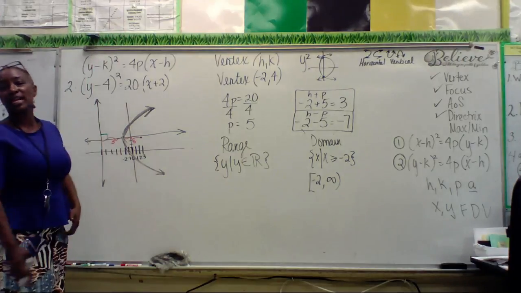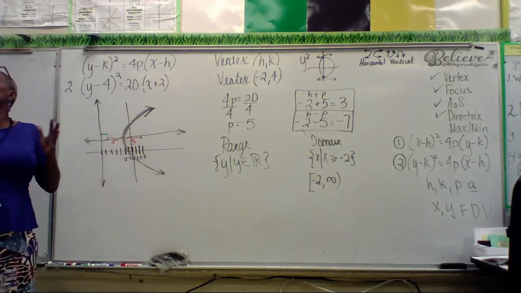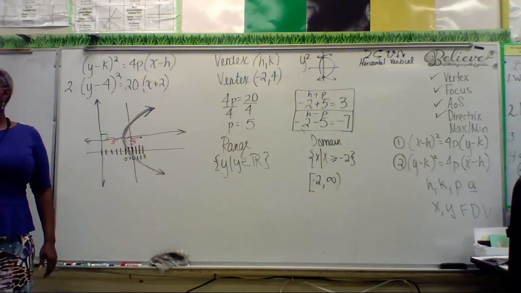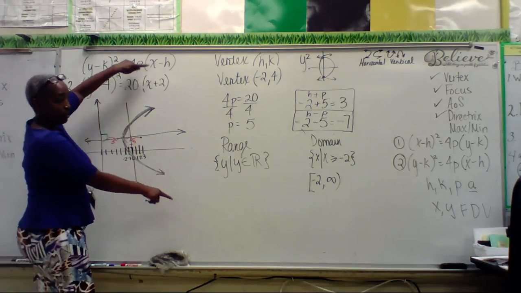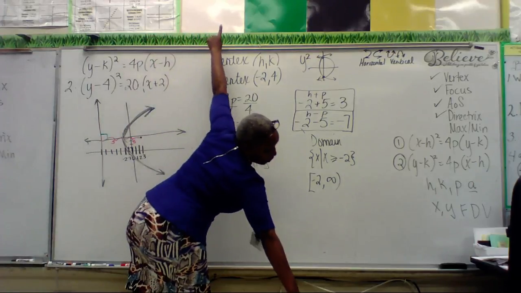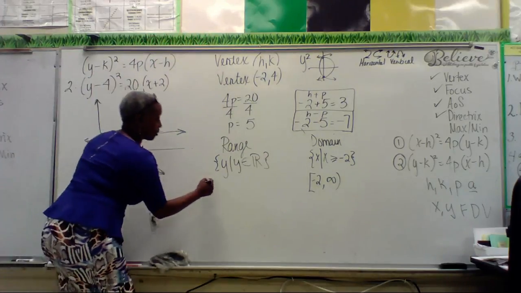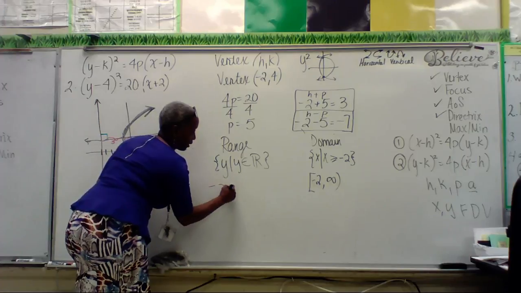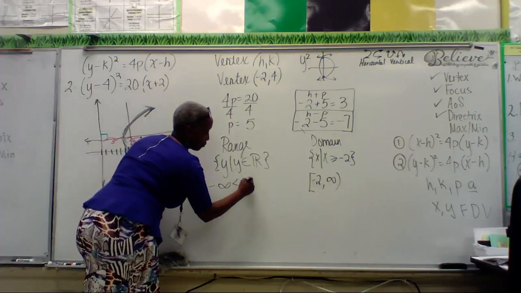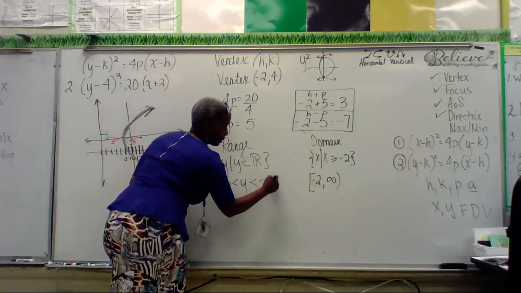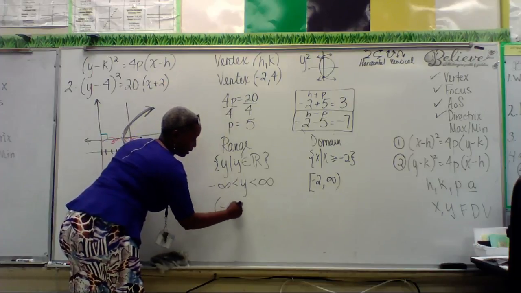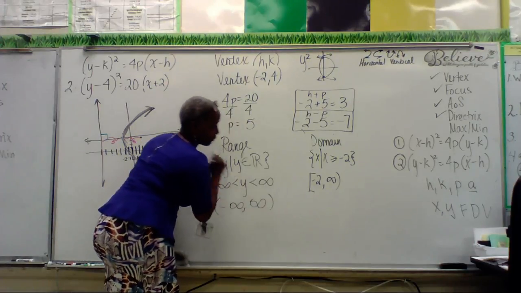And it's going to touch all Y values, all those real numbers, okay? Do you all see that? You know that parabola's going to get wider? All right, now, so we can also say negative infinity is less than Y, and Y is less than positive infinity. We can also write it as negative infinity comma positive infinity.